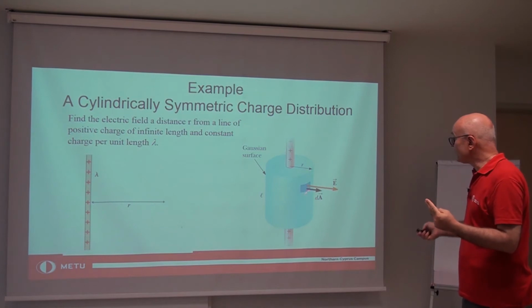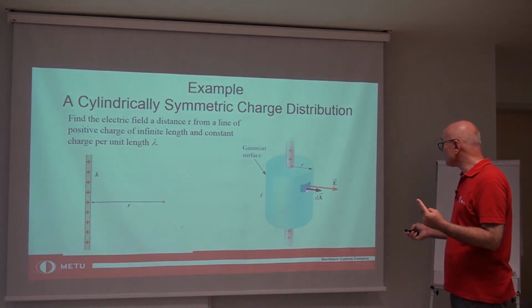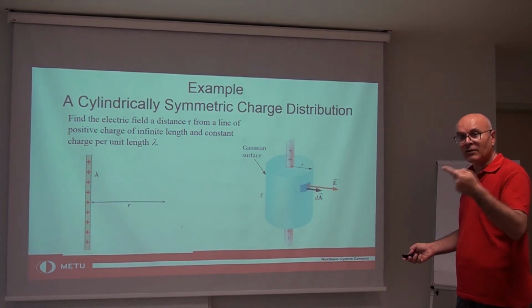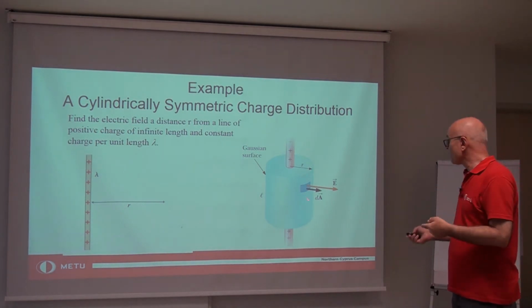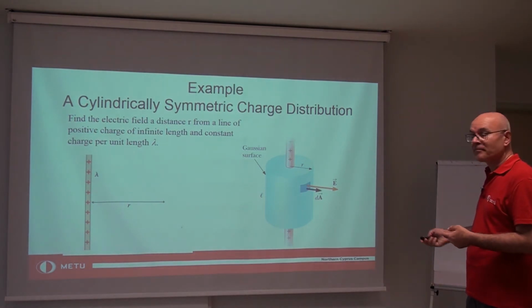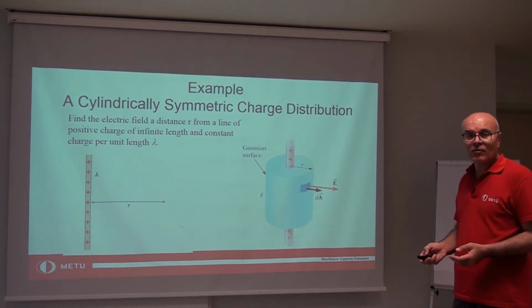First, the field is constant. The second, the field is always parallel to dA, because dA is an area element, a vector normal to the surface. This applies for all dAs, and therefore the angle between E and dA is 0 all the time.